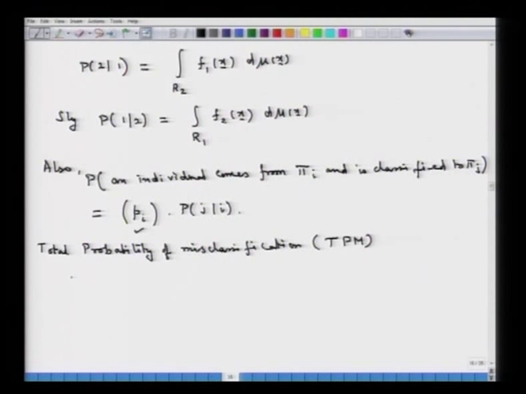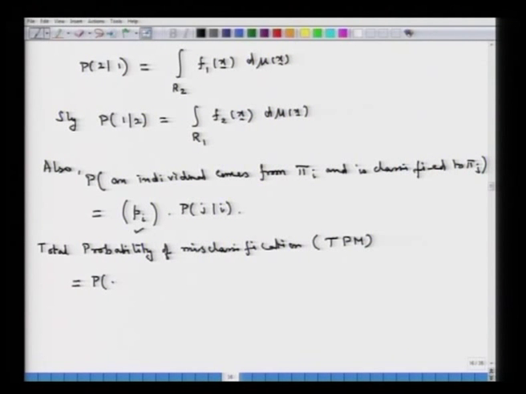So this TPM is going to be given by the sum of the probabilities that an individual is coming from pi 1 getting misclassified into pi 2 plus an individual is coming from pi 2 and is getting misclassified into pi 1.